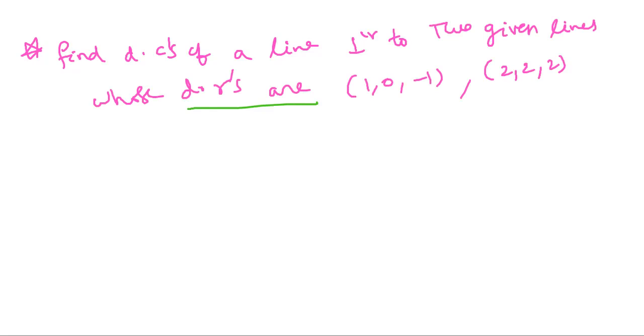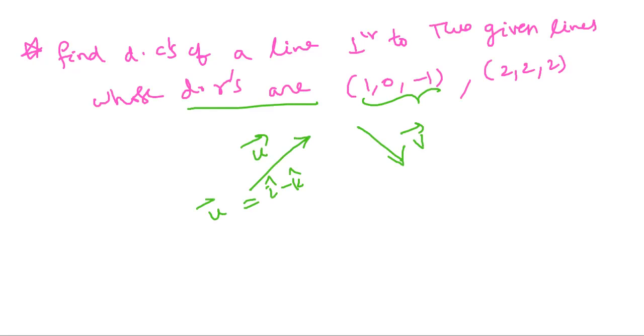When I give two lines' DRs, I am giving you one vector parallel to one line, another vector parallel to the other line. So this vector is 1, 0, minus 1, that is i cap, 0 j cap, minus k cap, this is u, and this vector is 2 i cap, 2 j cap, 2 k cap. I'm talking about the DCs of a line which is perpendicular to both the given lines.